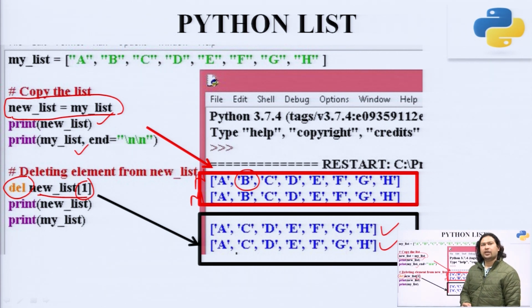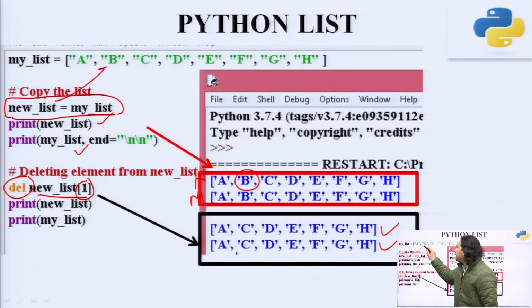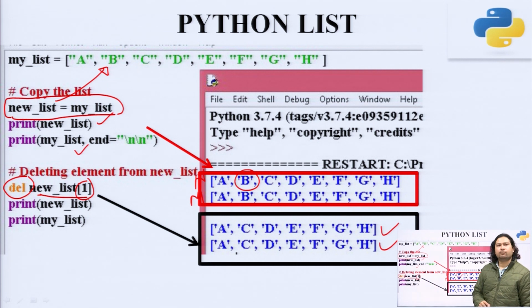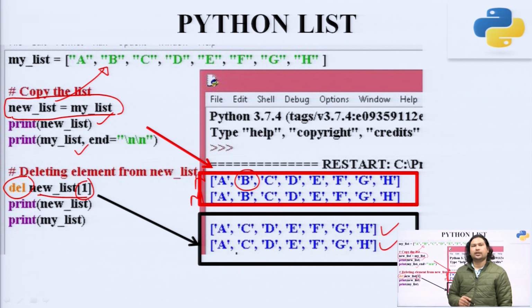So, what is happening here is this new list is nothing but the alias of my list. When I say it is an alias of my list, it is like a person with two different names. For example, let us say a person with the name Mahesh. Mahesh is the name for calling that person. Similarly, let us say Monu is also the name for the same person Mahesh.